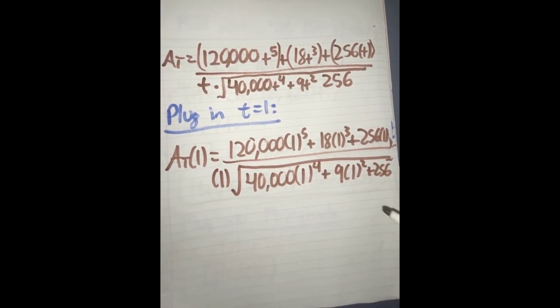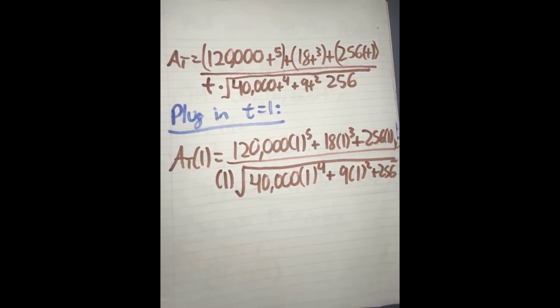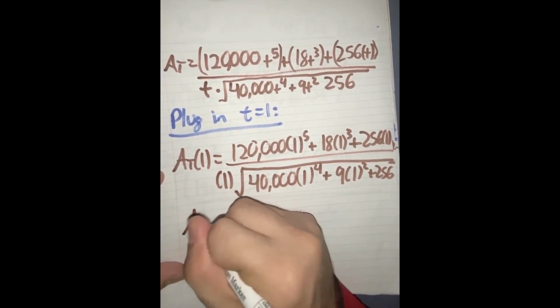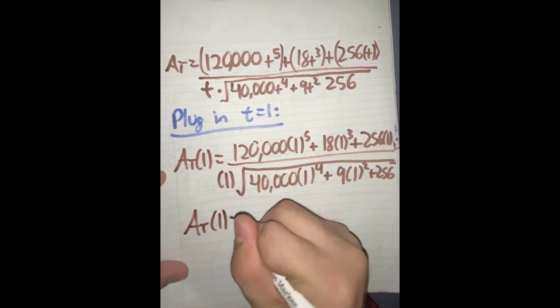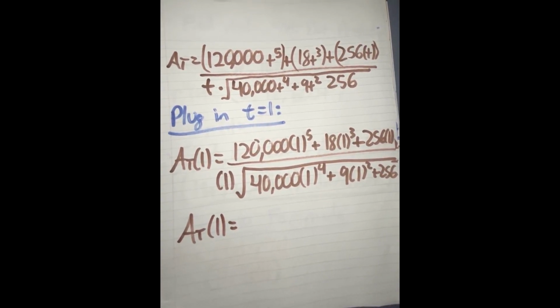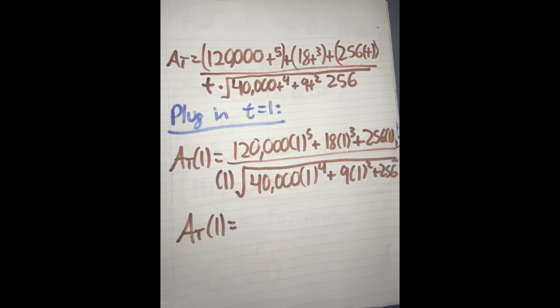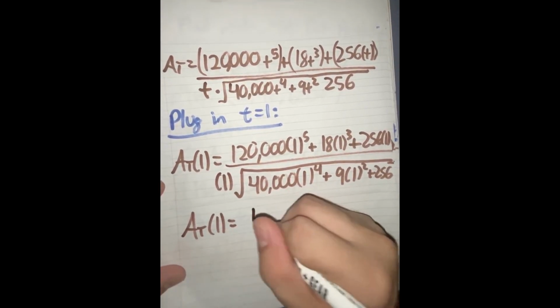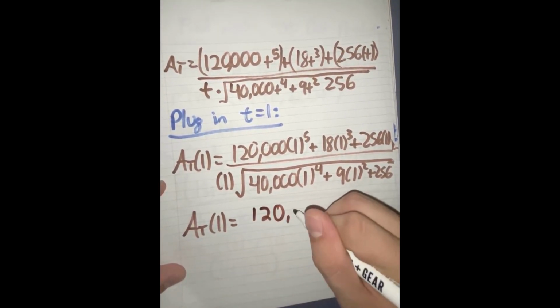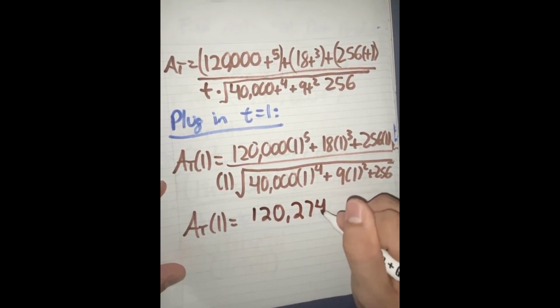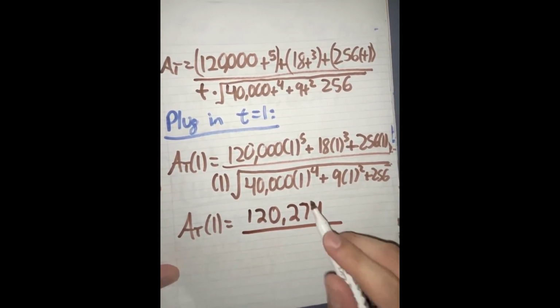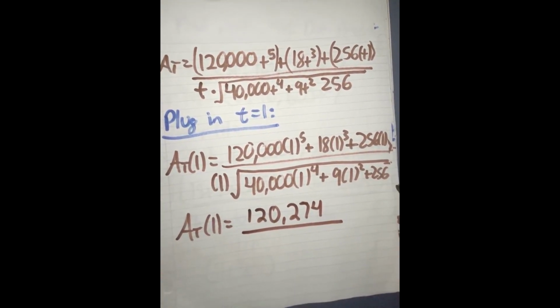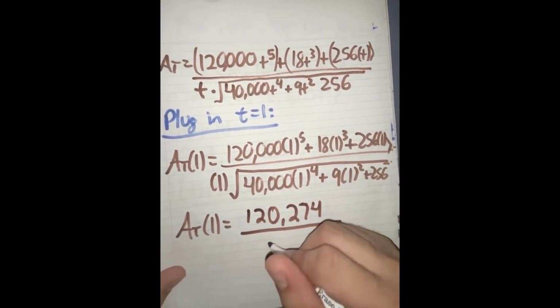And when we plug this into our calculator, we get some crazy answer, but let's see. At a time of t equals 1, 18 plus 256 is 274, divided by 9 is 265.